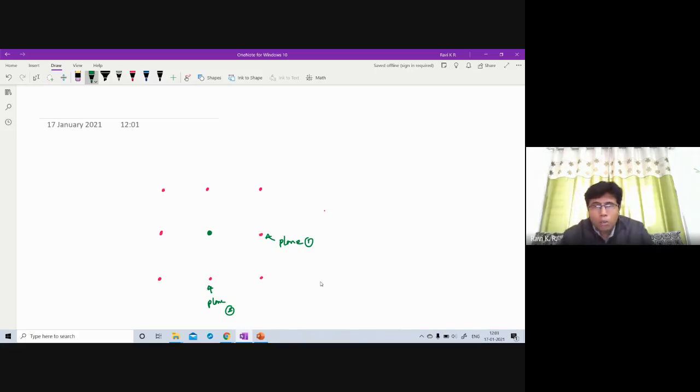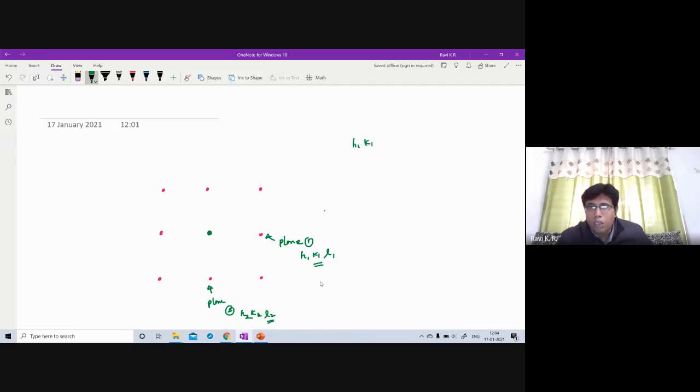Okay. Now plane 1 must have an HKL value. Let's say H1, K1, L1. So plane 2 must have the value H2, K2, L2. But these are not known to us, because these HKL values are not known to us.